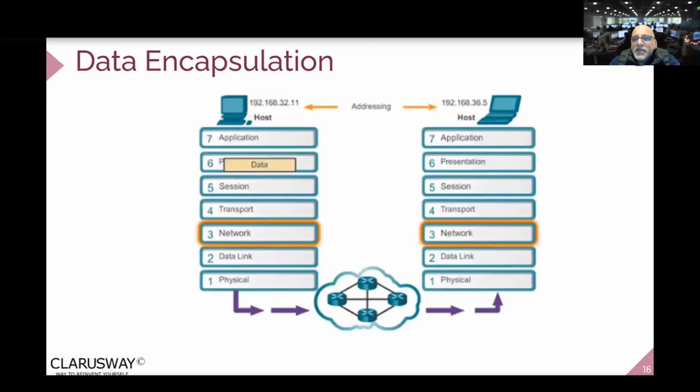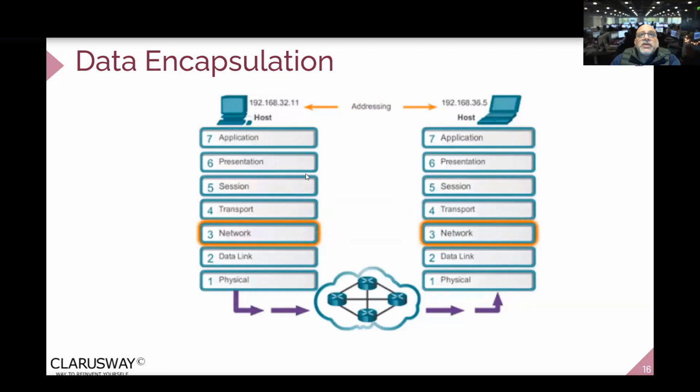Okay, so here's a good representation of what we're talking about when we talk about data encapsulation. When a message is sent from one node to the other, it travels down the stack of layers on the sending node. So where's the sending node on this side? Over here. It travels down the stack, and then passes up the stack on the receiving node.